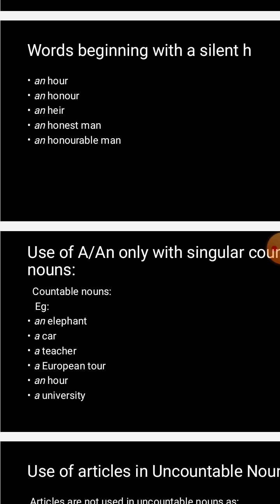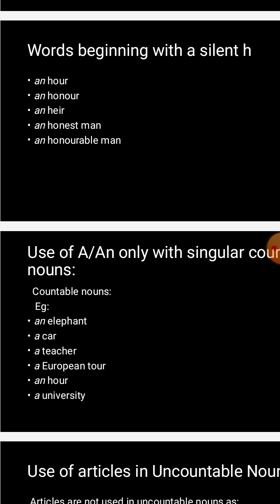A European tour. I want to draw your attention particularly to this word or noun, European. Now what can you see there? It begins with the letter E. And that is why students commonly make the mistake of saying or writing an European.